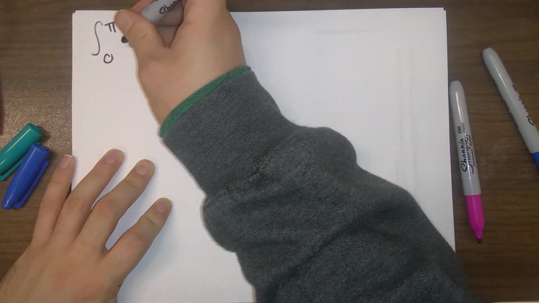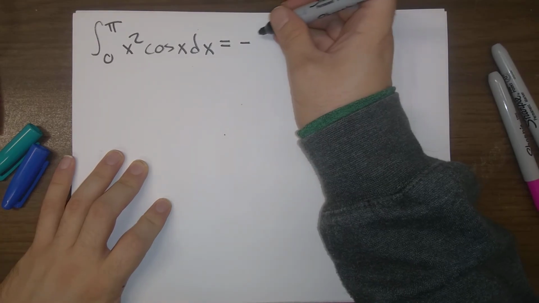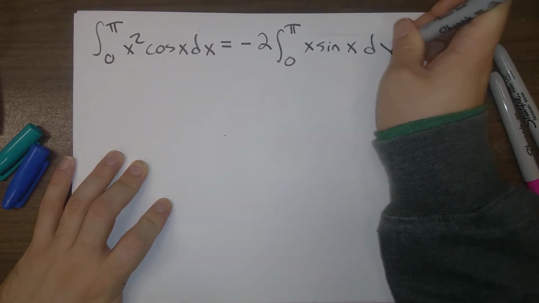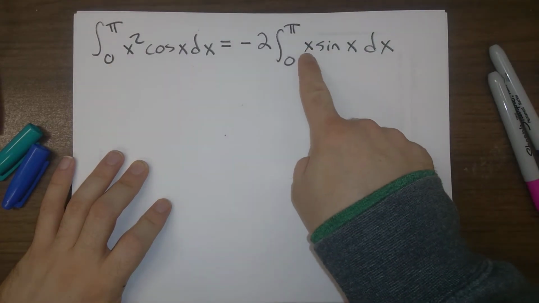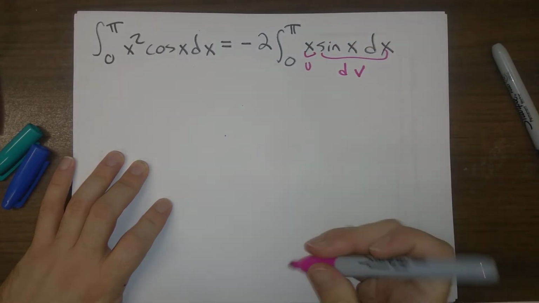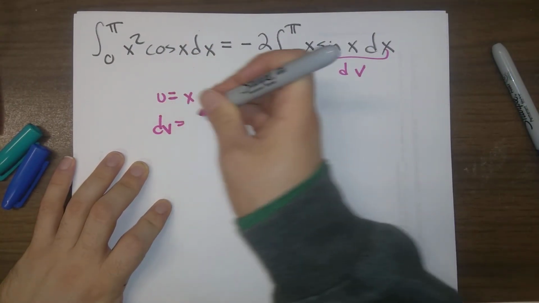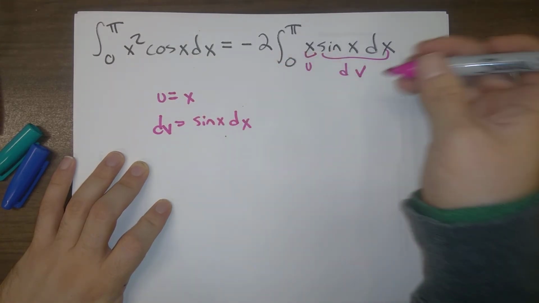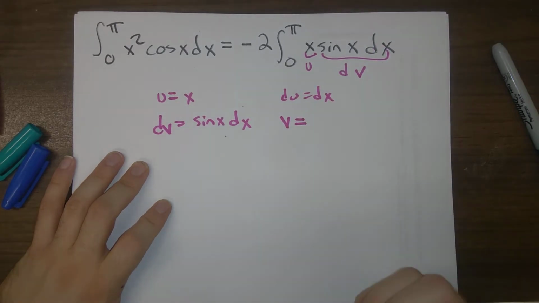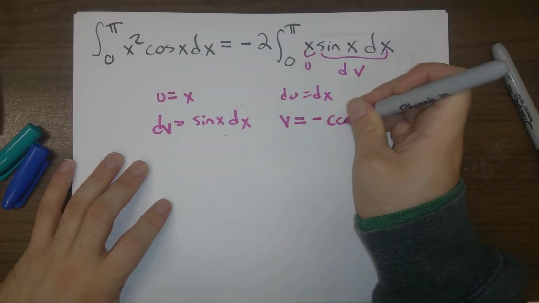So the integral 0 to pi of x squared cosine x dx. Right now we know that's equal to minus 2 times the integral from 0 to pi of x sine x dx. Hey, we've got x times a trig function. Let's try that for u and that for dv. So u is equal to x, dv is equal to sine x dx, du is equal to dx, v is equal to the integral of sine x, which is negative cosine x.